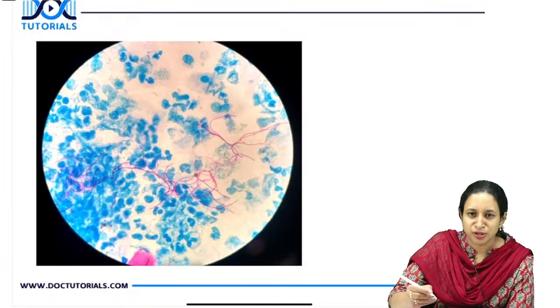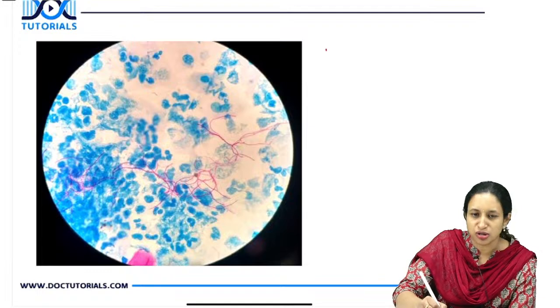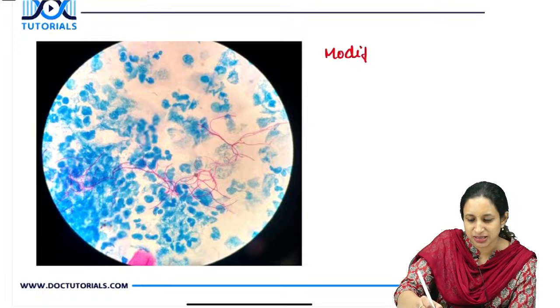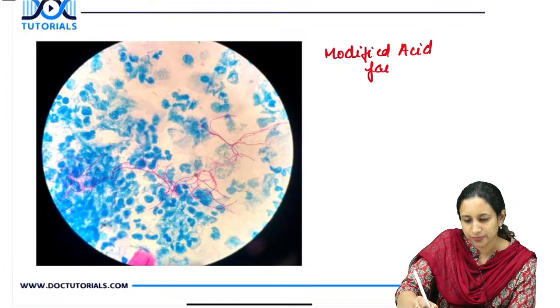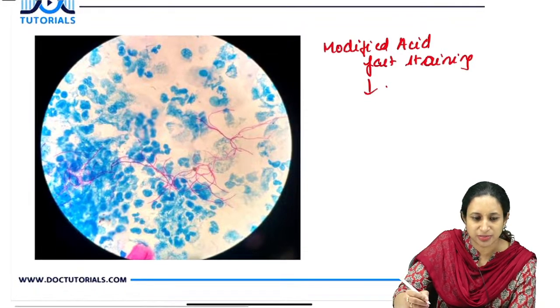So what is this particular image? This particular image that we are trying to show you is modified acid fast staining. And what is the organism here that you have to remember?